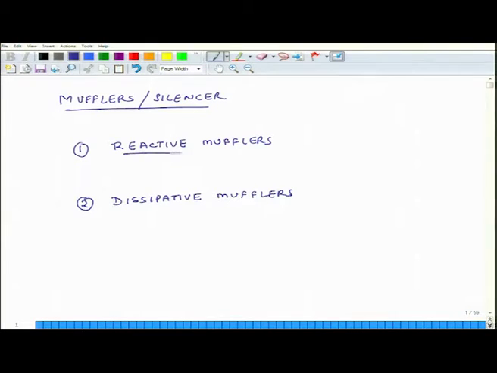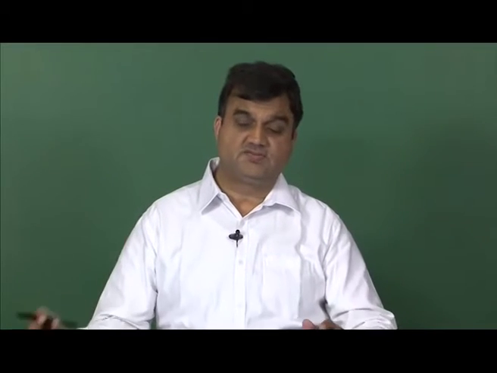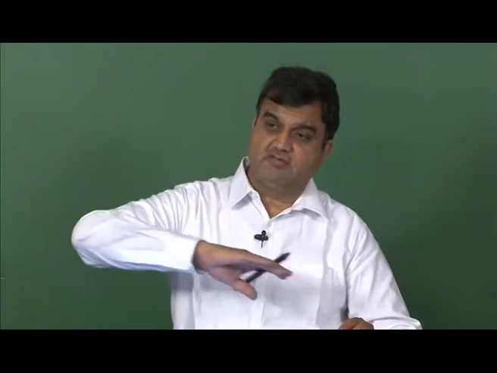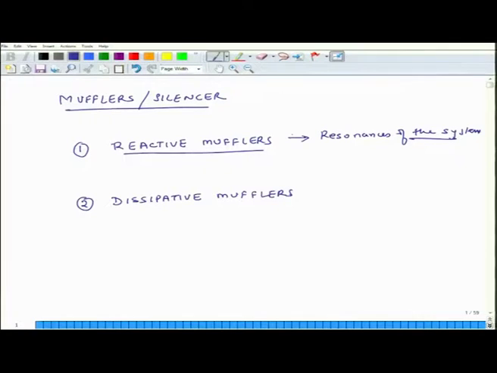In reactive mufflers, we rely on resonances of the system. So, what happens is that if there is a resonance, either the energy around the resonance frequency gets reflected back, or it gets sucked into the muffler and gets diverted from the main transmission path of sound.